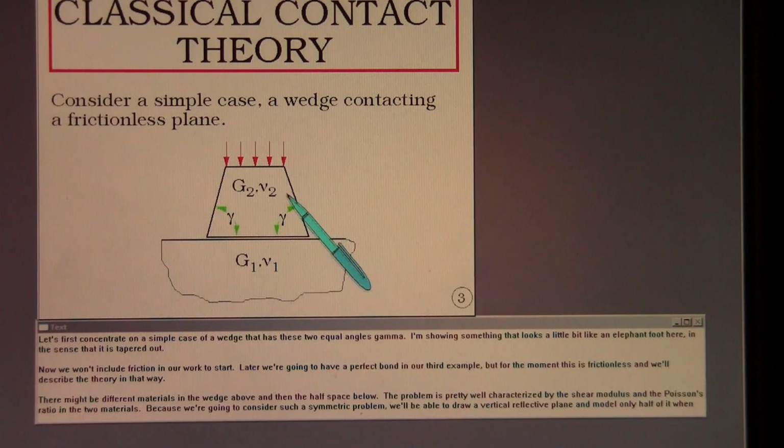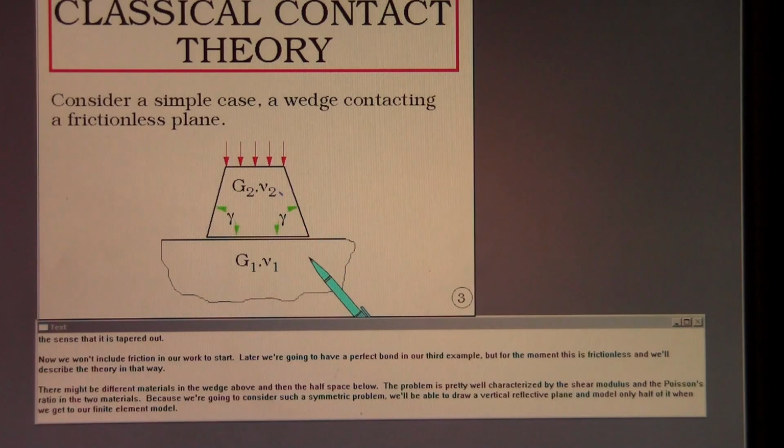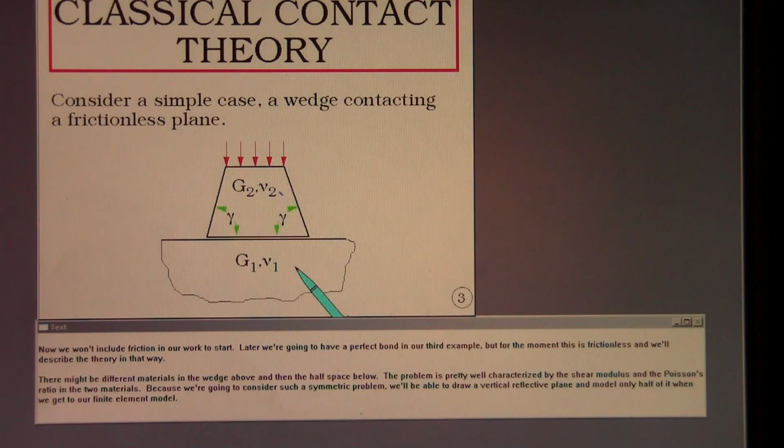There might be different materials in the wedge above and then the half space below. The problem is pretty well characterized by the shear modulus and the Poisson's ratio in the two materials. Because we're going to consider such a symmetric problem, we'll be able to draw a vertical reflective plane and model only half of it when we get to our finite element model.